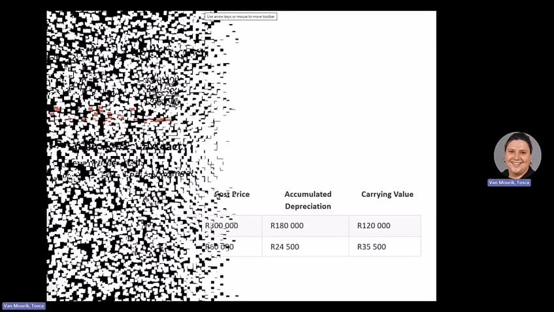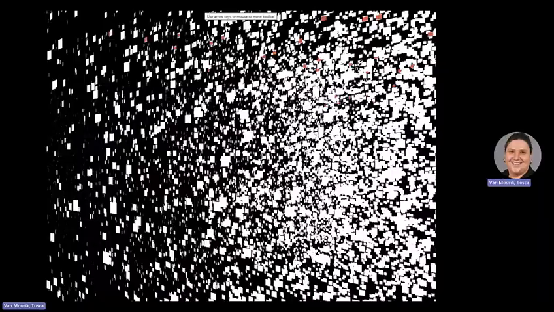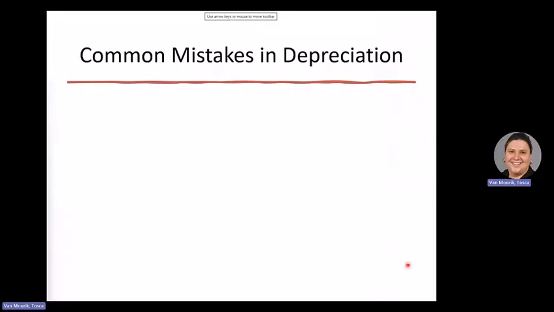I just quickly want to delve into some common mistakes that we as teachers see when our learners or students make mistakes in depreciation. First of all, make very sure that you know whether it's the straight line or the diminishing balance method. Very important.